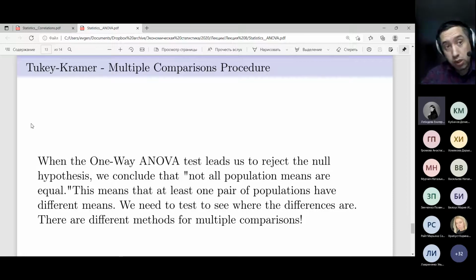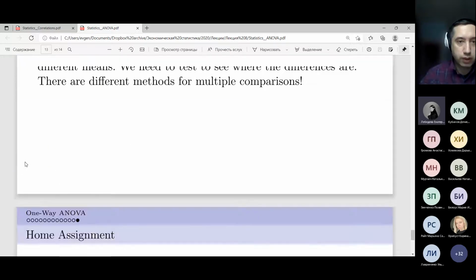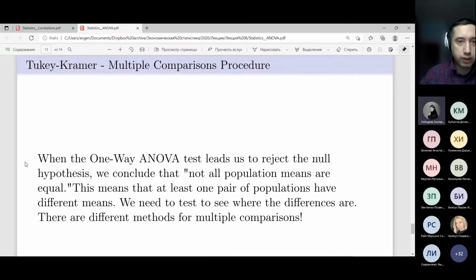By the way, Tukey-Kramer isn't the single procedure to run a pairwise comparison of means. There are multiple procedures, but your textbook, of course, employs this one. How to work with it, I will show you in Stata.